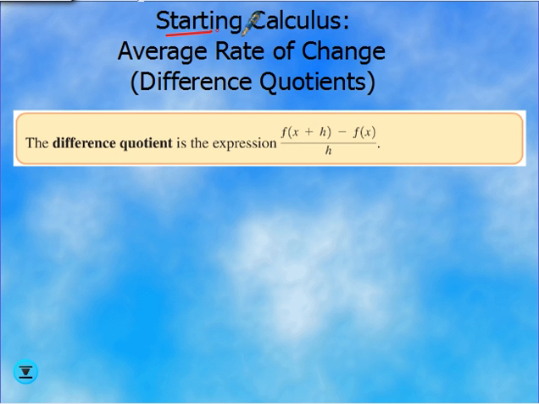And again, notice I did put starting calculus. For those of you that are with me in calculus, your very first chapter is this stuff again. Starting calculus, an average rate of change, also known as difference quotient.